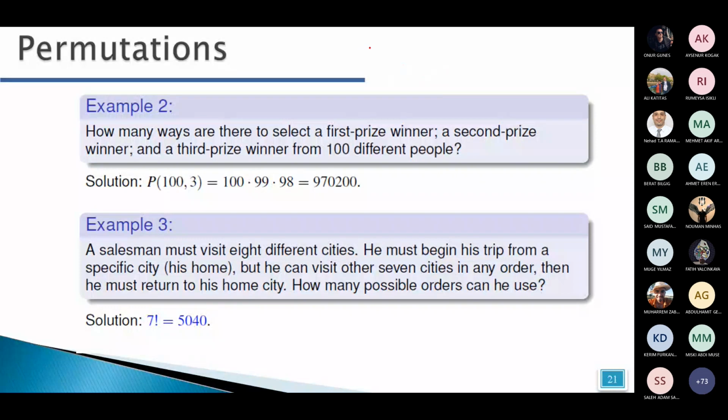We need first prize winner, second prize winner, out of 10 people. Try to solve it. So we have 10 people. We need to select first winner, second winner.